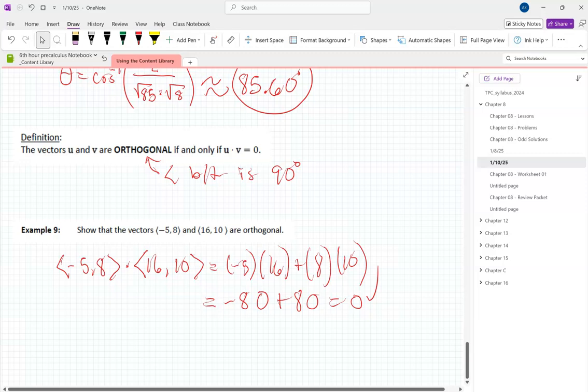So -5 times 16 is -80, and positive 8 times 10 is positive 80, and those add to give me 0, so I know they're orthogonal.